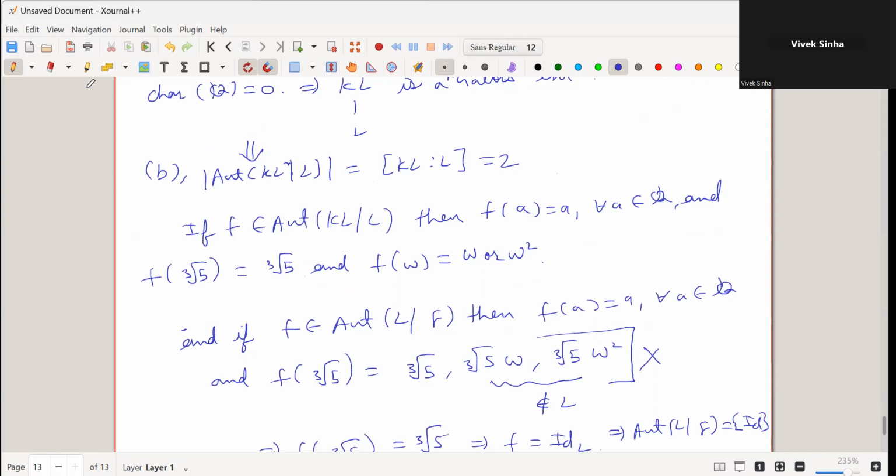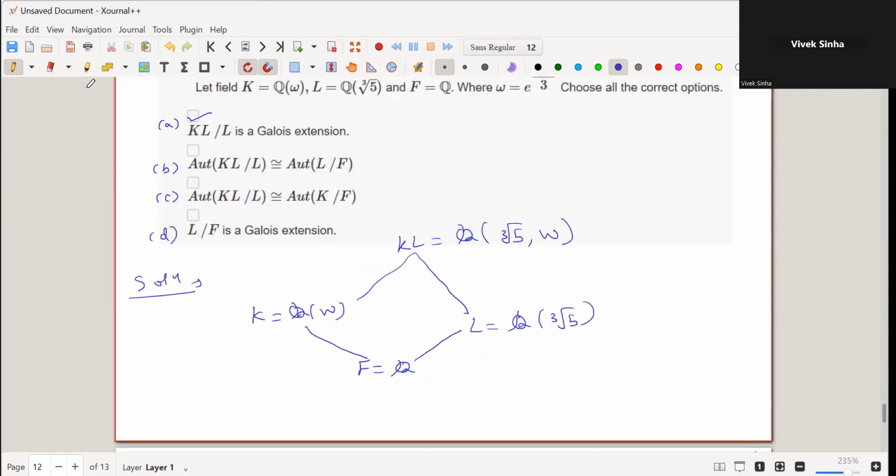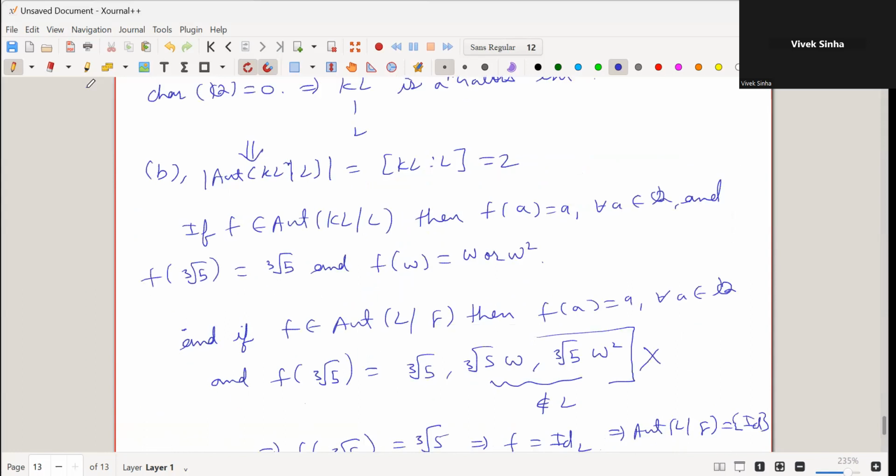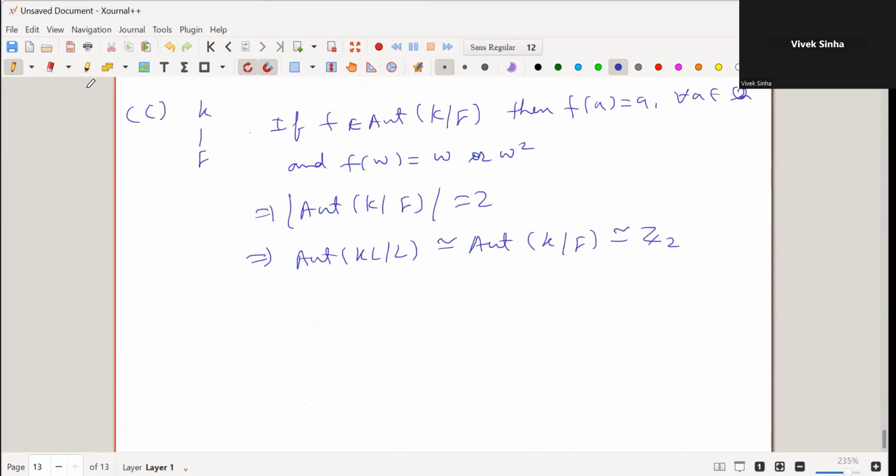And then the fourth one is of course not true. It's not a Galois extension. So D is not true since L over F is not a normal extension.